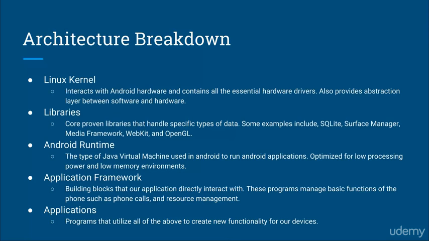Well, we grab the package for phone management that Android's included. Or maybe we want to interact with the location of an Android device. Well, we grab the location package, right? So that's what our application framework is. It's essentially these little bundled packages that deal with specific portions of our device.